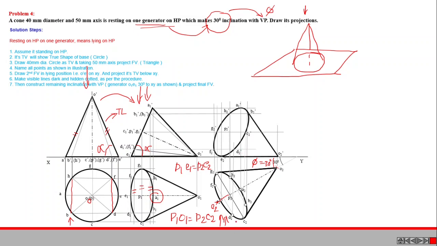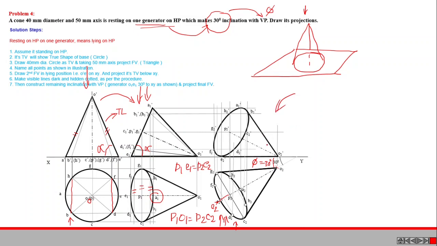Here in front view, we can see that points C2, D2 are visible, so this part of the ellipse must be in thick line. So the final figure is like this, and we can represent the axis in chain line. This is the final view.